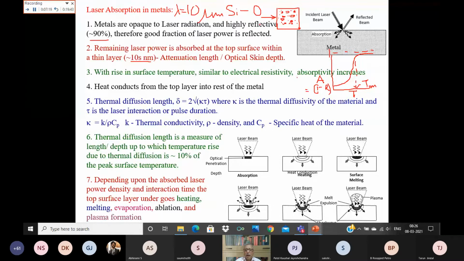However, if you have a very high intensity laser beam, then some of the electrons bound with either silicon or oxygen can also be made free, and they will become free like the electrons present in the metal.